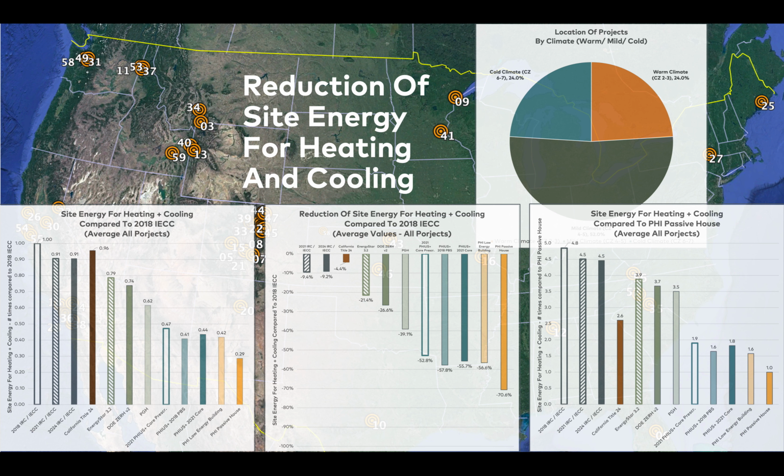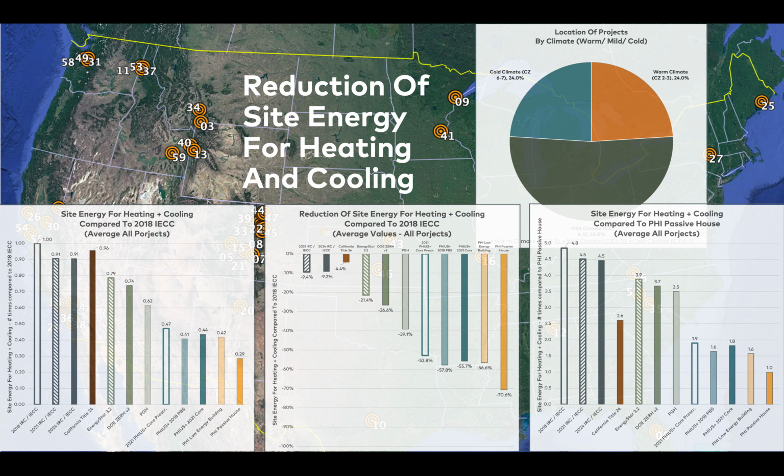Pretty Good House, EnergyStar, and DOE Zero Energy Ready are about 3 to 4 times greater heating and cooling demand compared to PHI Passive House. And the IECC are about 4 to 5 times greater energy consumption for heating and cooling than PHI Passive House.